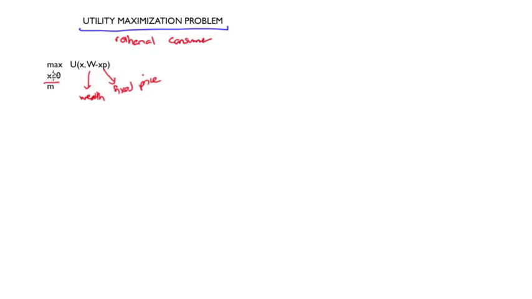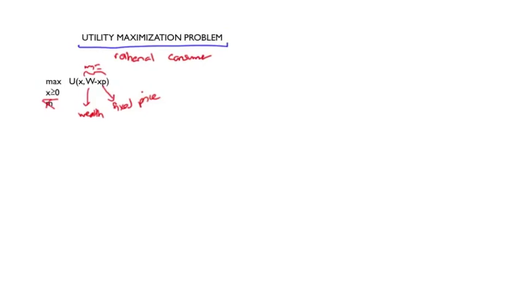And the consumer can choose how much X it wants and how much M it wants, but notice that how much M it wants is just given by its total wealth minus the cost of buying the level of X that it wants. So in reality, we can make this a problem over a single control variable, as we saw repeatedly in the previous unit.